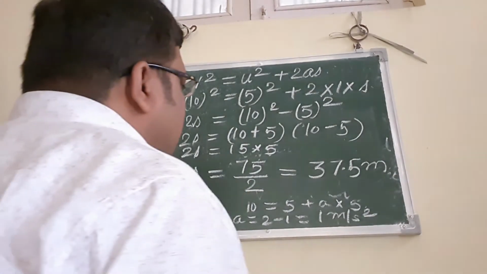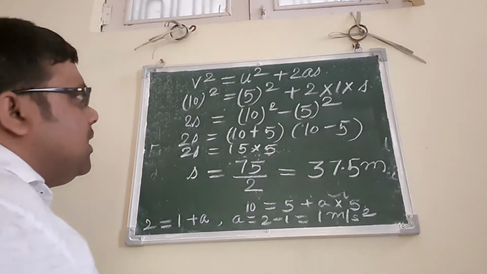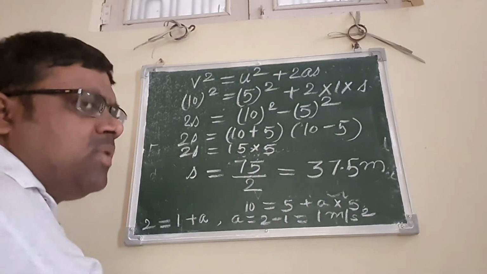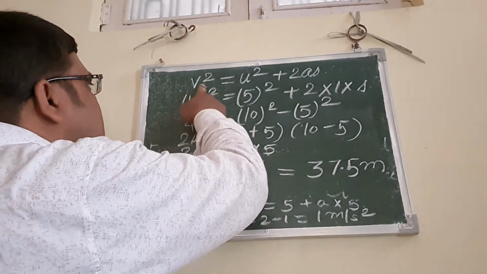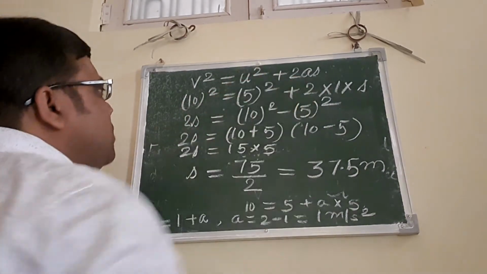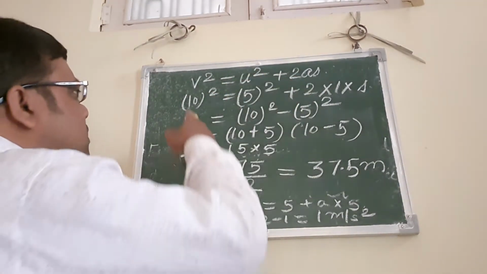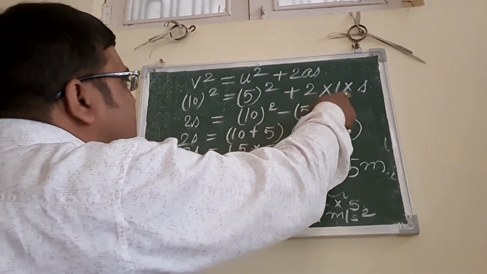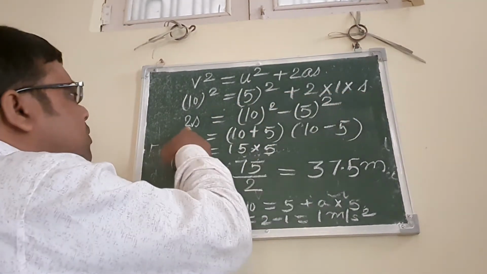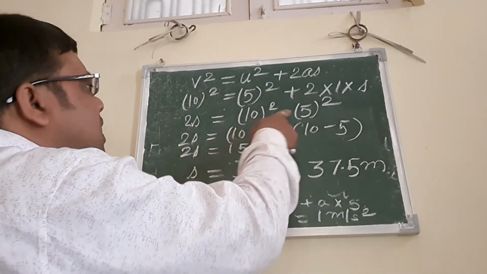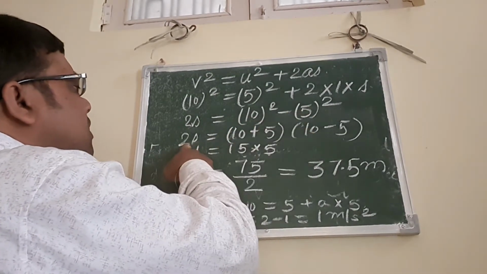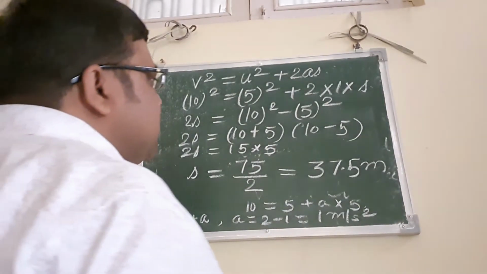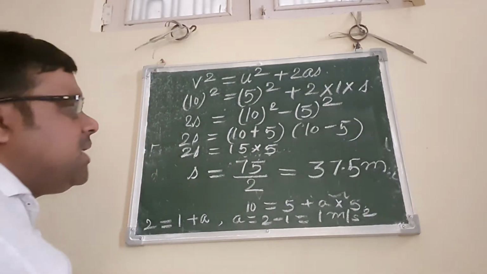So we can understand this once more. We have applied the third equation of motion. v square equal to u square plus 2as. Substituting the value, 10 square equal to 5 square plus 2 into 1 into s. So 2s is equal to 10 square minus 5 square. 2s is equal to, applying a square minus b square, so a plus b, a minus b.